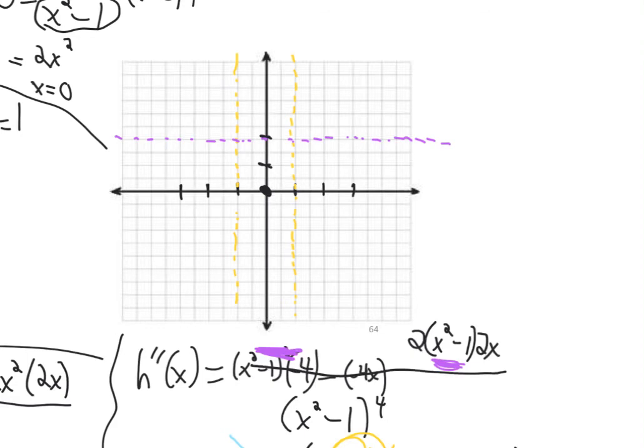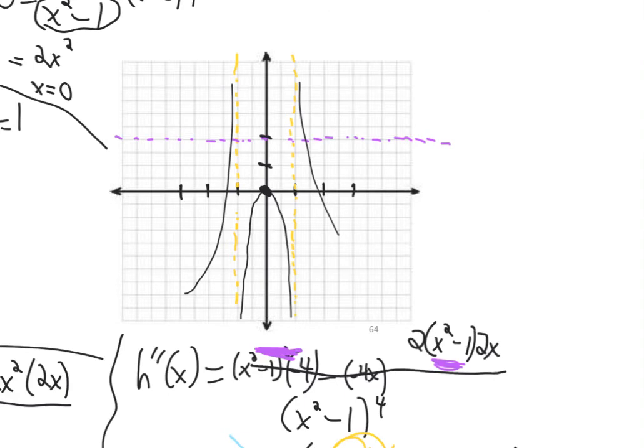So the graph will in some way be like that. And then it was increasing and concave down. So it went like this. And then from 0 to 1, it was decreasing and concave down. And then to the right of 1, it's decreasing and concave up.